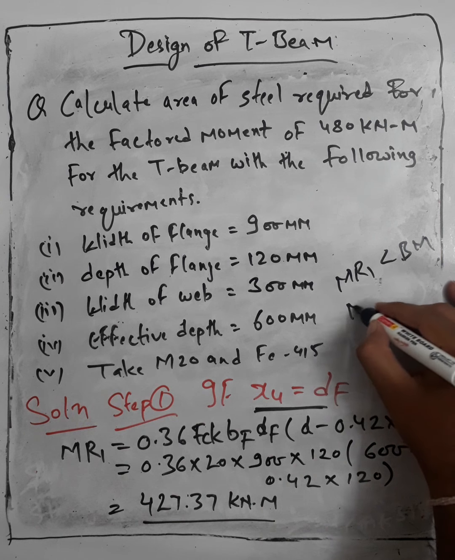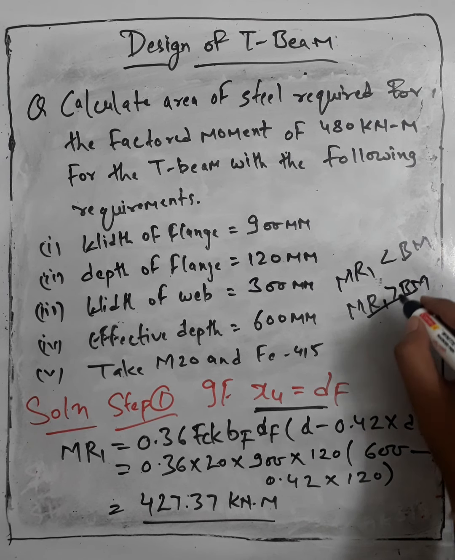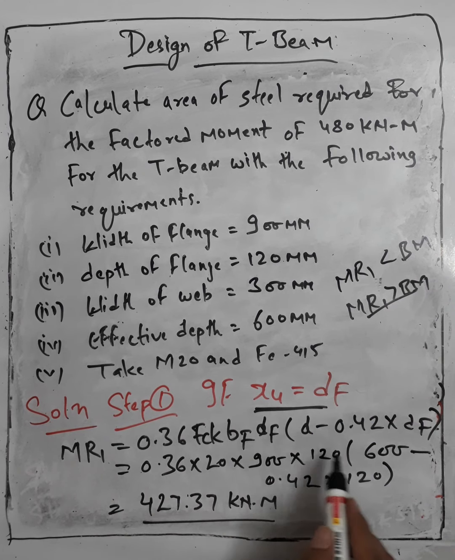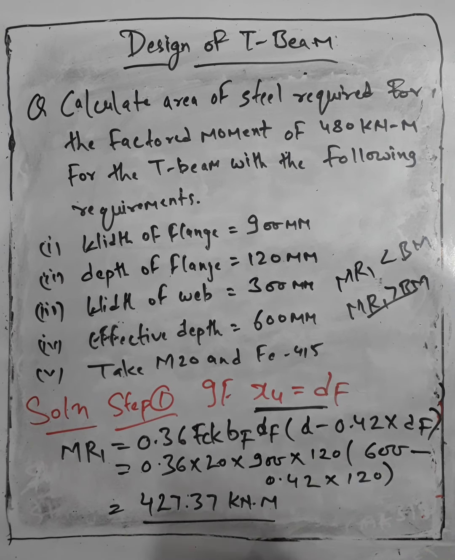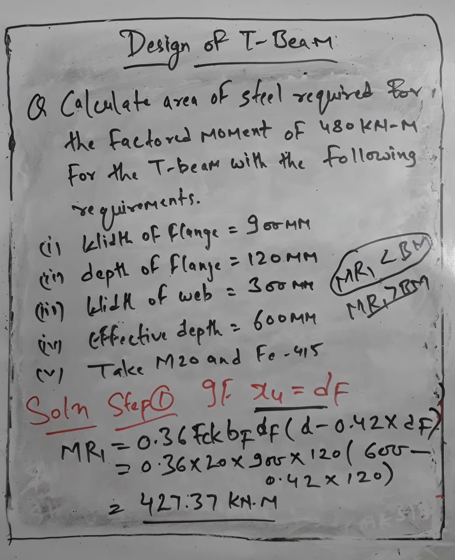If MR1 is greater than the bending moment, then we directly use this formula, put the bending moment value and find XU, and with the help of that XU we find the AST. But here MR1 is less than the bending moment.